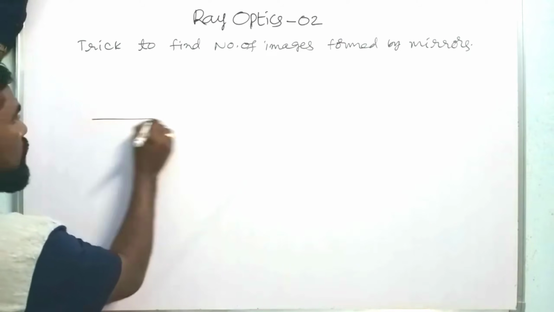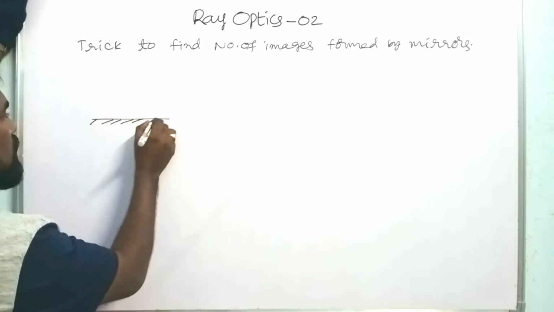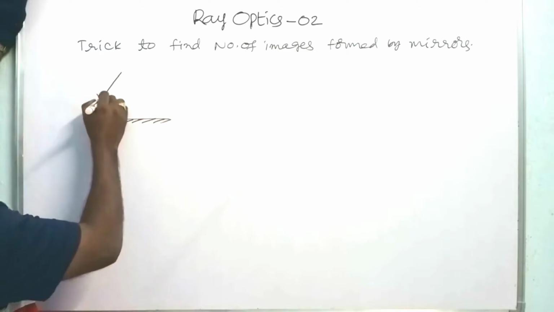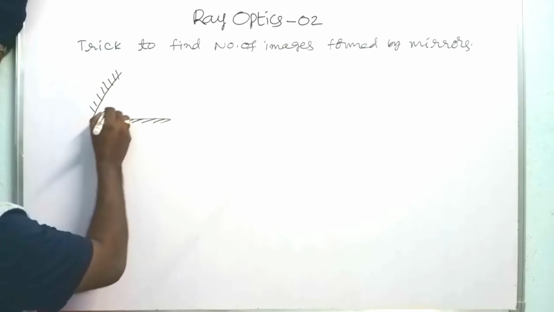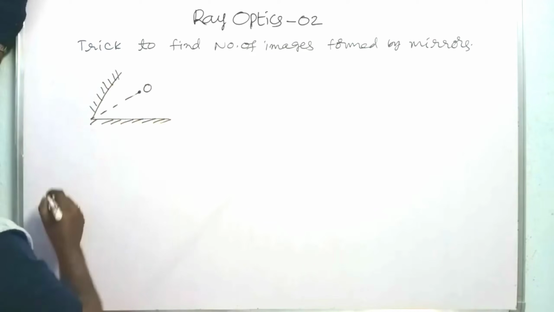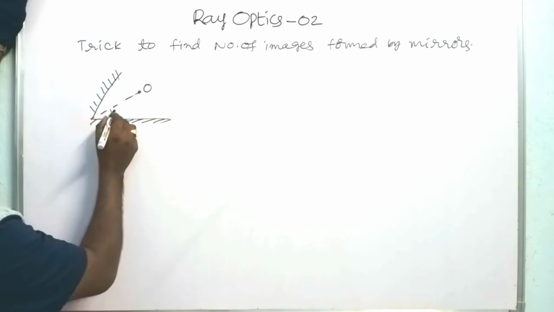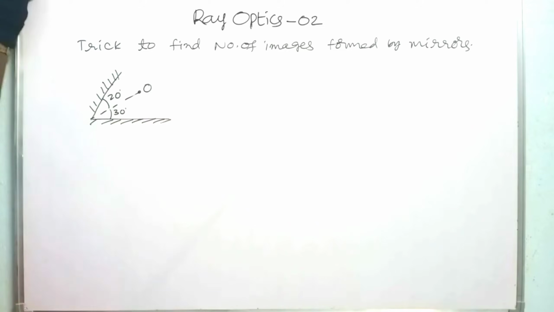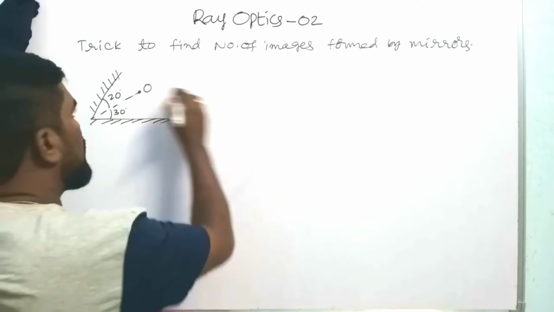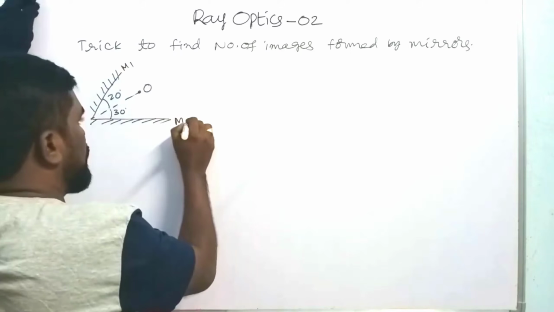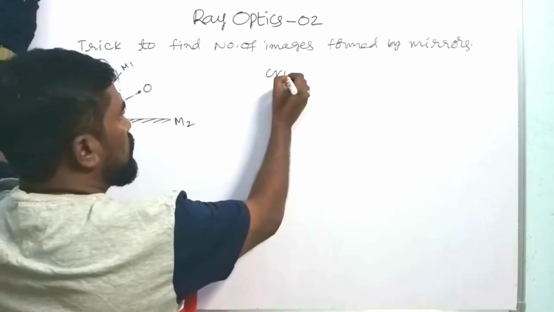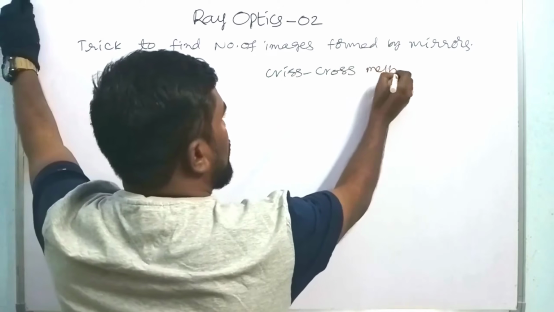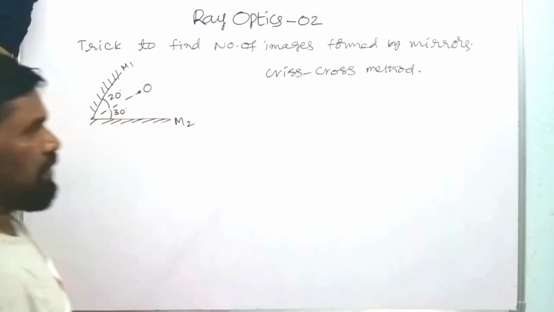Here this is one of the mirrors and this is another mirror. There is an object O which is at 30 degrees and which is at 20 degrees. Now let us write, this is M1 and this is M2. This is the crisscross method to find the number of images.